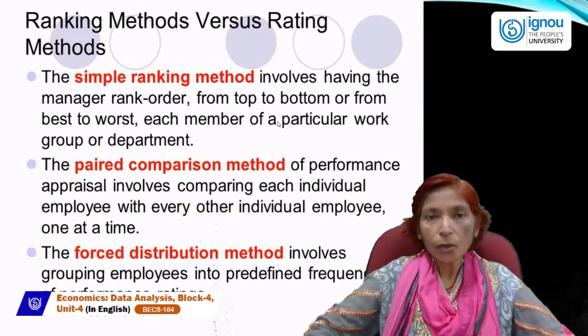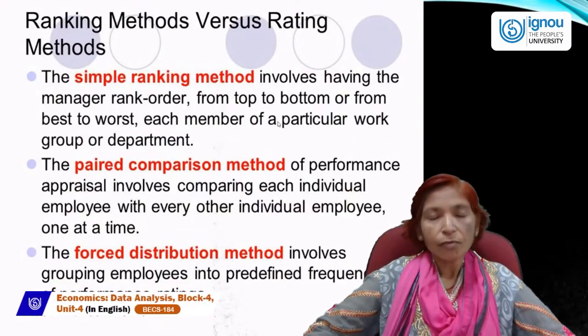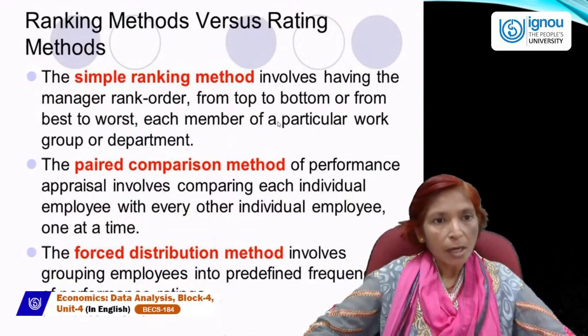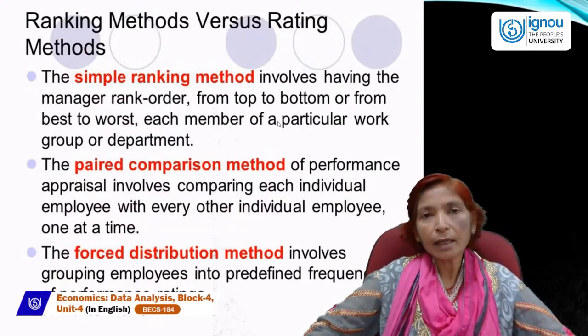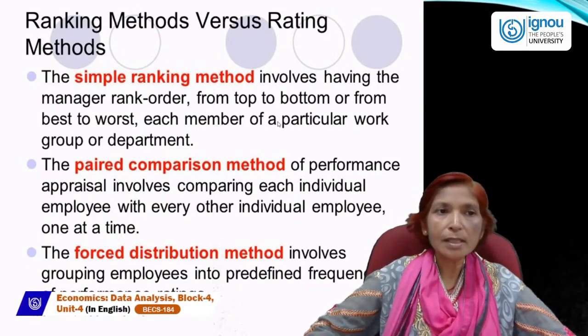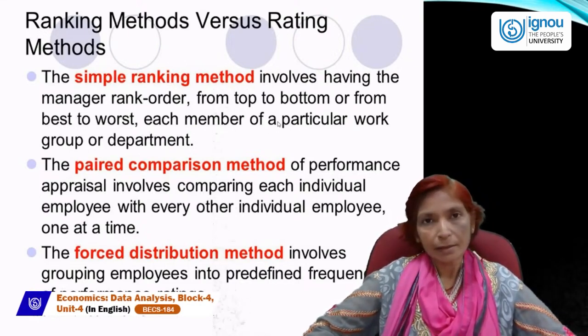So, if we want to estimate the performance of the employee, we can give a rating. We can use this rating word or rating method. But if we want to do qualitative data analysis, in which we can't estimate or measure in accurate numbers, in figures or in numerical terms, then we will use this ranking method or ordinal method.